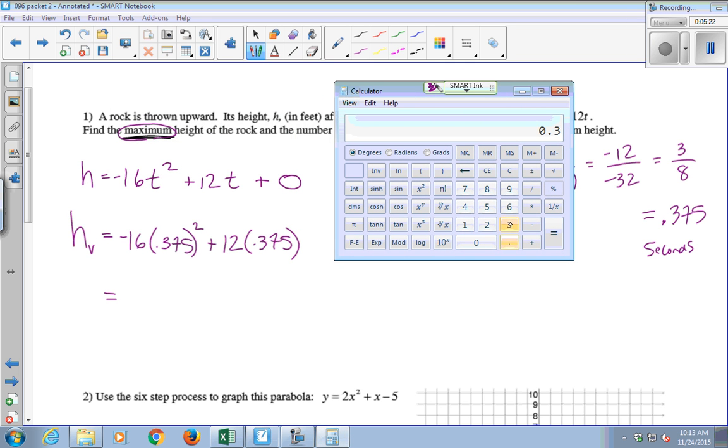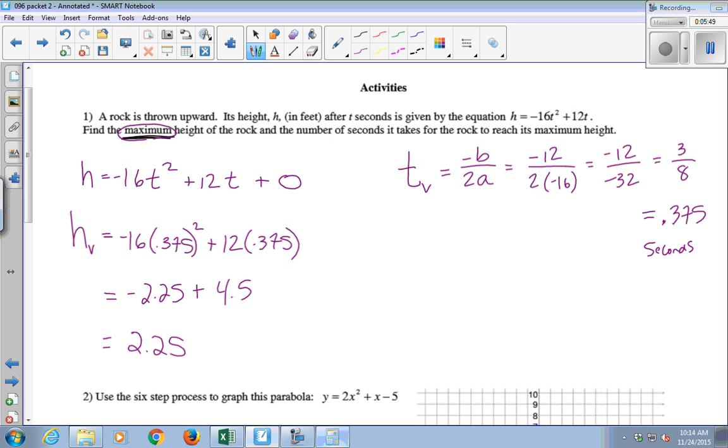So 0.375 squared times negative 16 is negative 2.25, plus 12 times 0.375 is 4.5. And when you add those, you get positive 2.25.